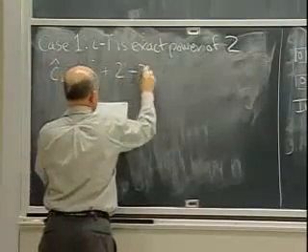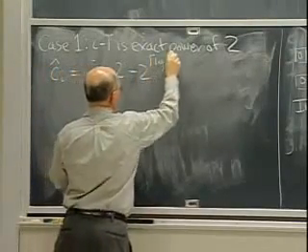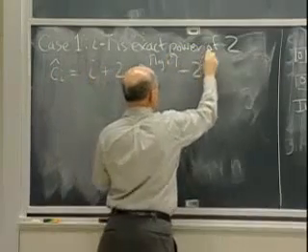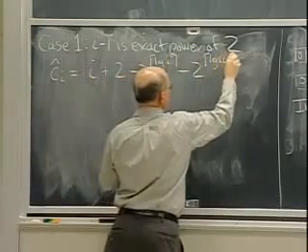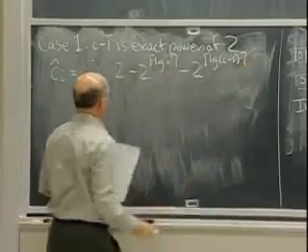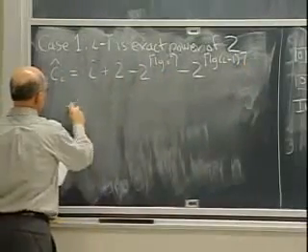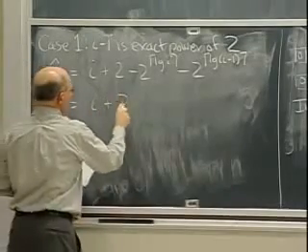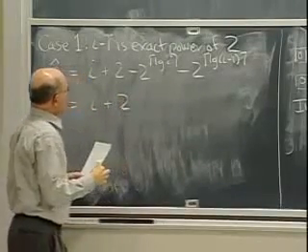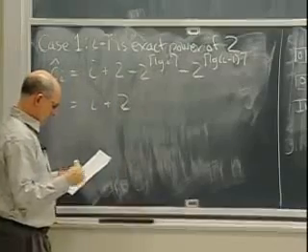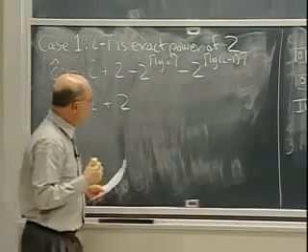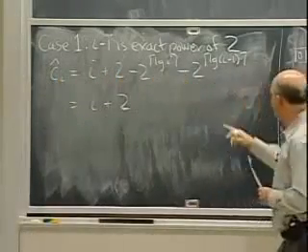Plus 2 minus 2 ceiling of log I minus 2 ceiling of log of I minus 1. And that's equal to I plus 2. Well, let's see. If I minus 1 is an exact power of 2, what is this term?